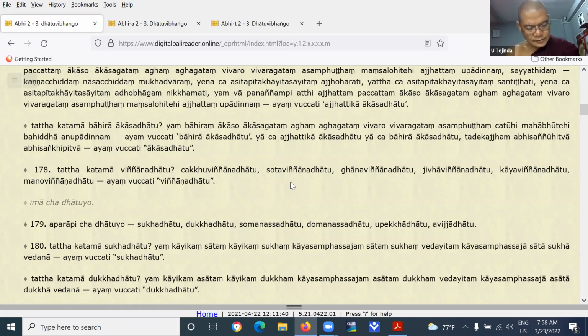So when we classify like Cakkhu dhātu, Rūpa dhātu, according to the six elements, the dhātu also have Paṭhavī, Āpo, Tejo, Vāyo, Ākāsa. So the Cakkhu dhātu and the Rūpa dhātu, they also have these 5, right?